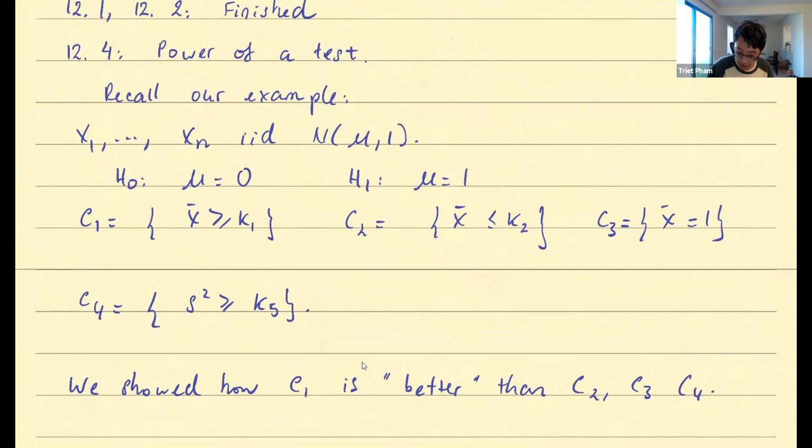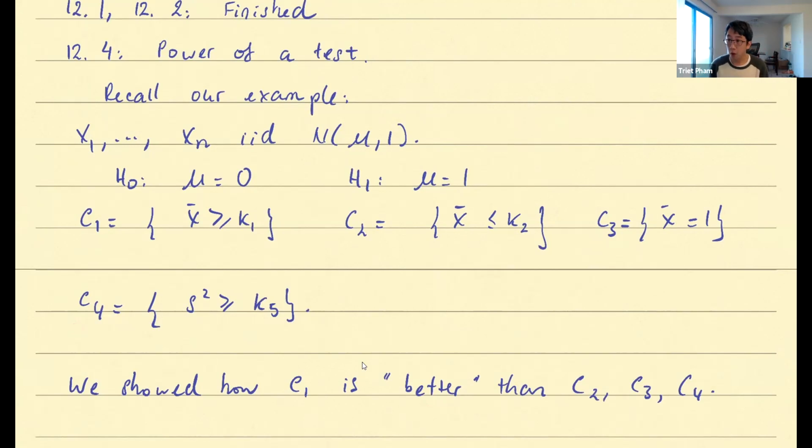I mean, this is the case with the reasoning. And notice that better here is always with reference to alpha and beta, okay? So in other words, with respect to our goal of fixing alpha and minimizing beta, C1 among this group seems to be the one that's most appropriate or the best.